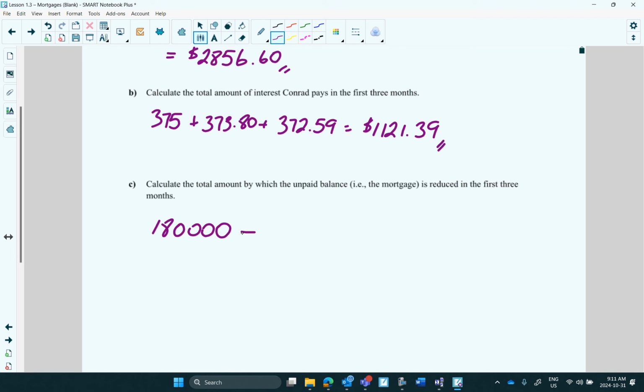That would be the unpaid balance, 178,264.79. And that will tell us how much the loan is being reduced by, and that was 1735.21. And that amount has gone into his house. So it's increased his owner's equity.